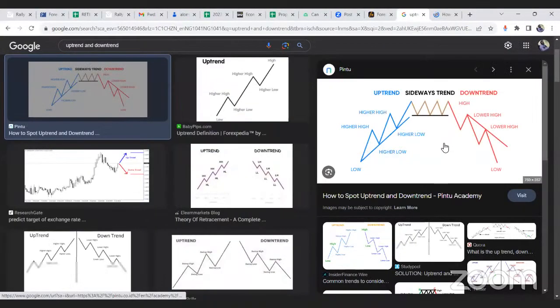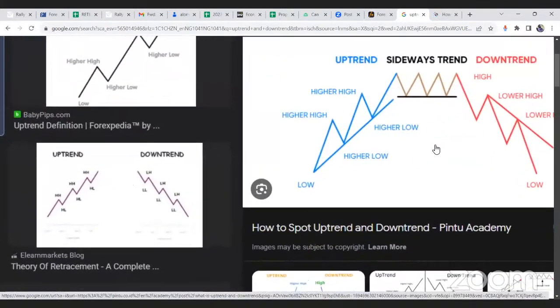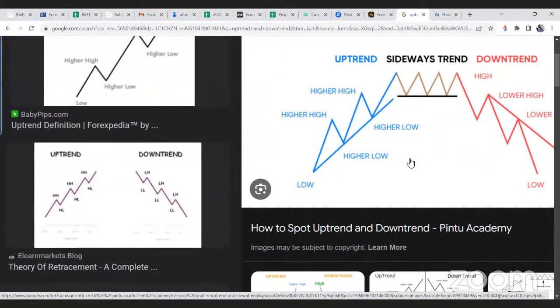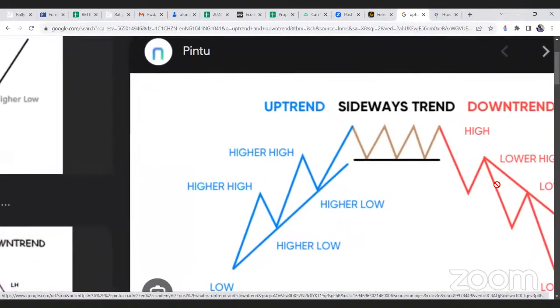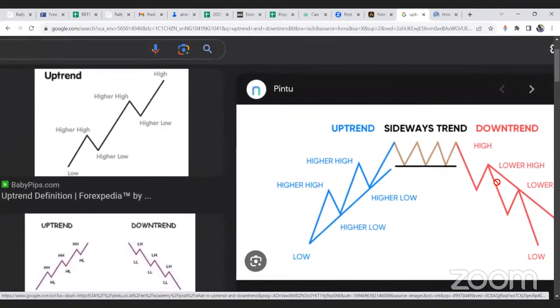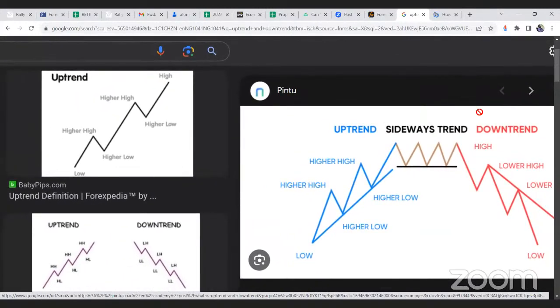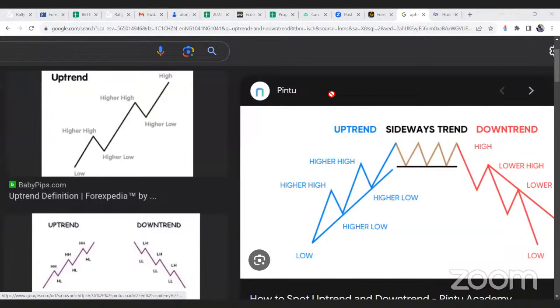Okay, so if you look at this, okay, now if you look at the image by my right side here, you can see trend, uptrend, downtrend, uptrend, downtrend, uptrend, downtrend.